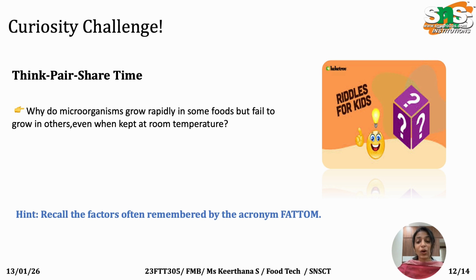Why does jam stay safe for months while milk spoils in hours? Think of the acronym. What is meant by FATTOM? Exactly. Food, acidity, time, temperature, oxygen, and moisture. So, jam is acidic and low in free water, whereas milk is neutral and rich in moisture. Same temperature, different fate.